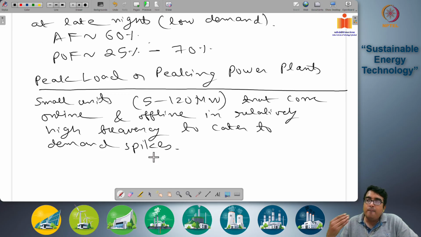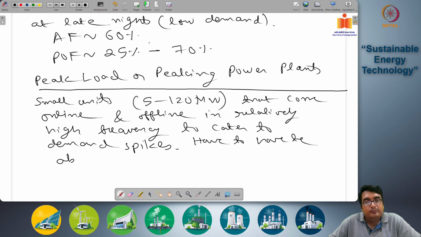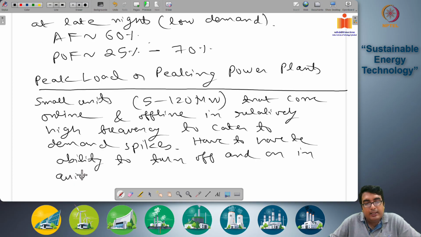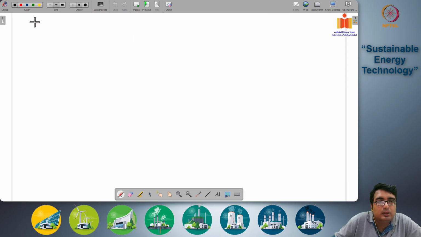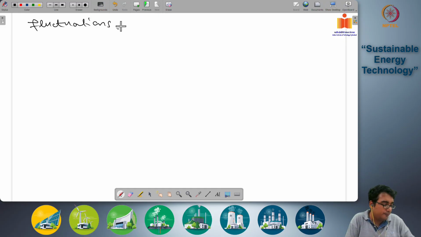So they have to be more responsive, so they have to have the ability to turn off and on in quick time to respond to demand fluctuations.